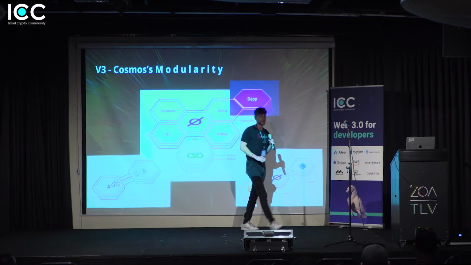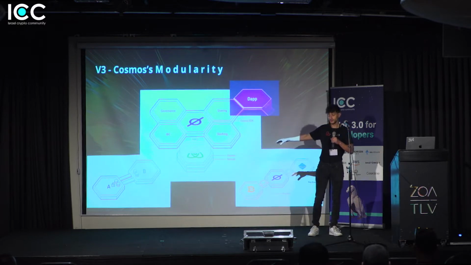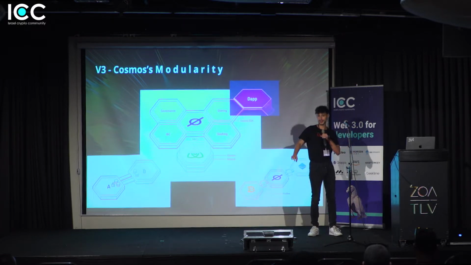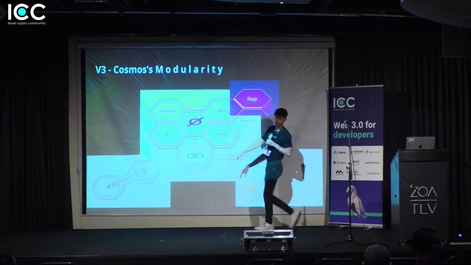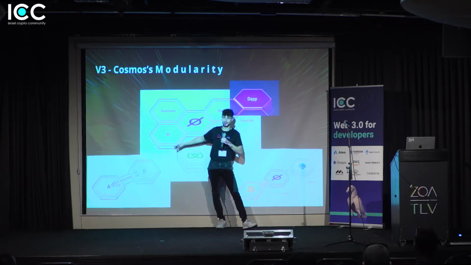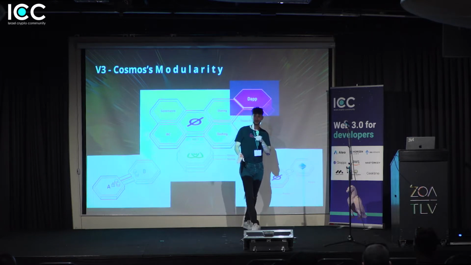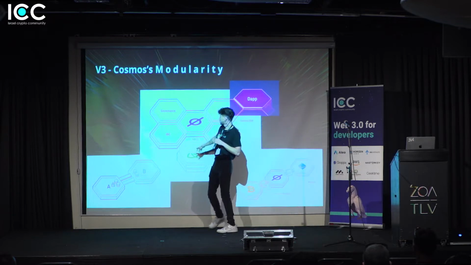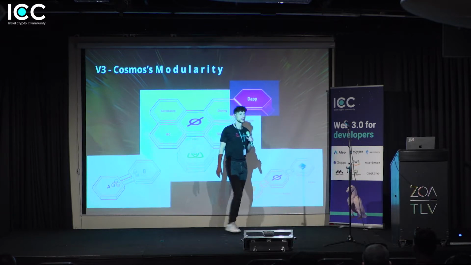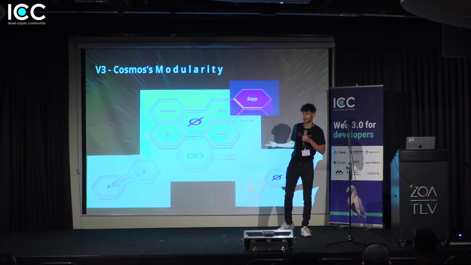And okay, a quick overview of the modules. IBC, inter-blockchain communication, is a bridge at the low level that helps connect data and move assets between chains. Governance is how you control changes to the protocol.